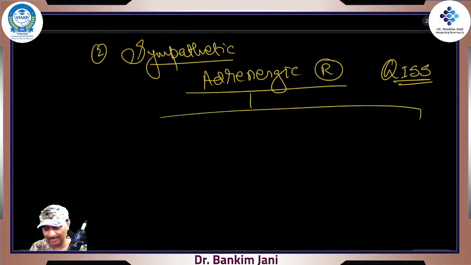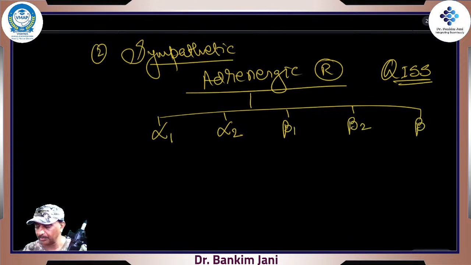So 1, 2, 3, 4, 5. Order is important. We'll call them alpha 1, alpha 2, beta 1, beta 2, beta 3. So it means we'll call this the adrenergic alpha 1 receptor, adrenergic beta 1 receptor, adrenergic beta 3 receptor. They will be at various levels, various points.